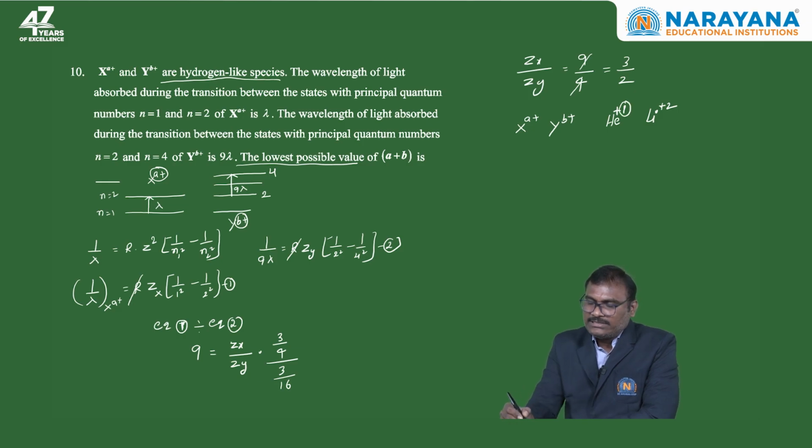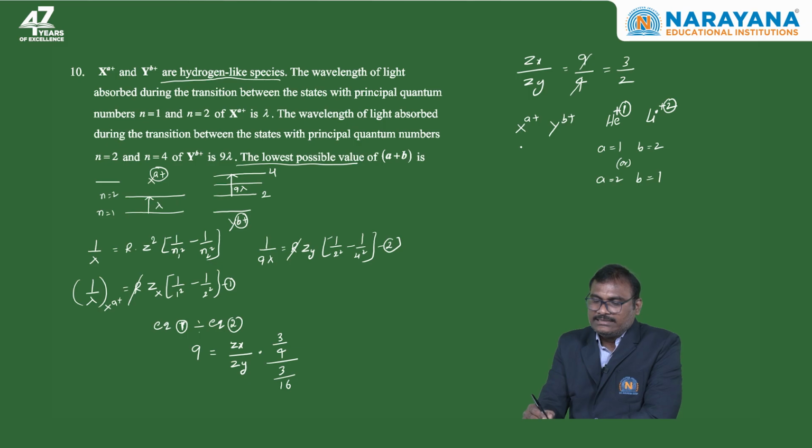Therefore, the values are a equal to 1 and b equal to 2, or a equal to 2 and b equal to 1, since we cannot say which is the helium and which is the lithium. Then a plus b is equal to 2 plus 1, that is 3. It does not mention which ion is lower or higher: if X is helium and Y is lithium, then a equal to 1 and b equal to 2.